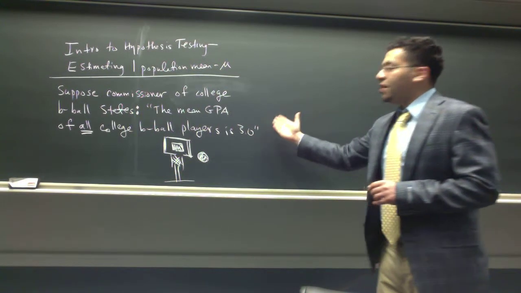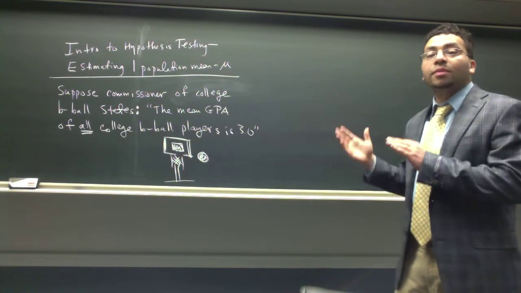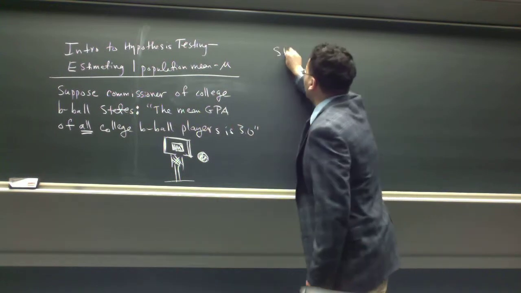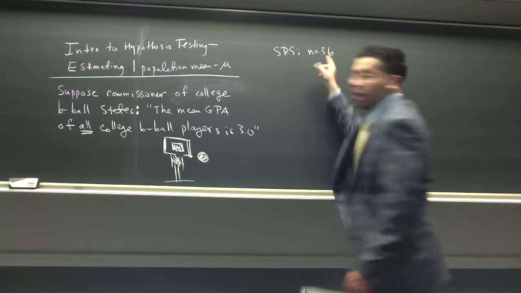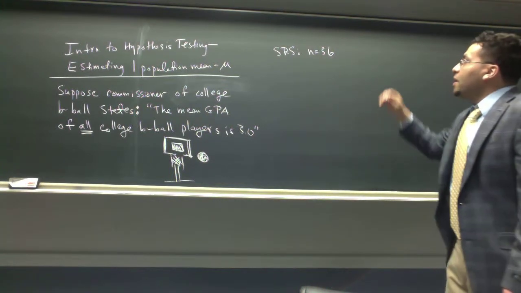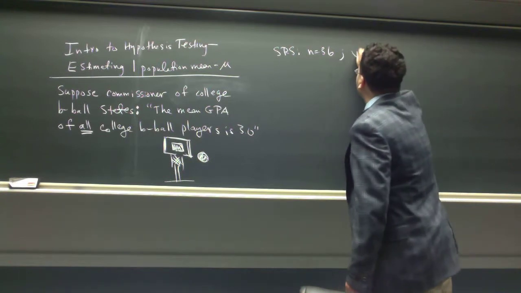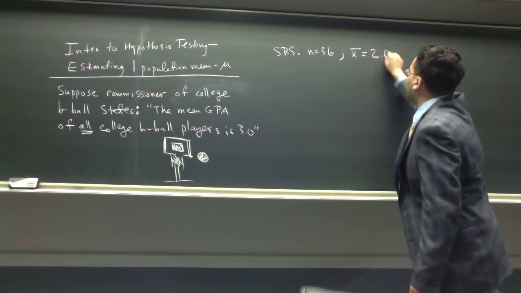So in order to test whether the claim is true or not, we go out and collect a simple random sample of college basketball players. So suppose we have a simple random sample of 36 college basketball players. And from those 36 college basketball players, we obtained a sample mean GPA, X bar, of 2.0.